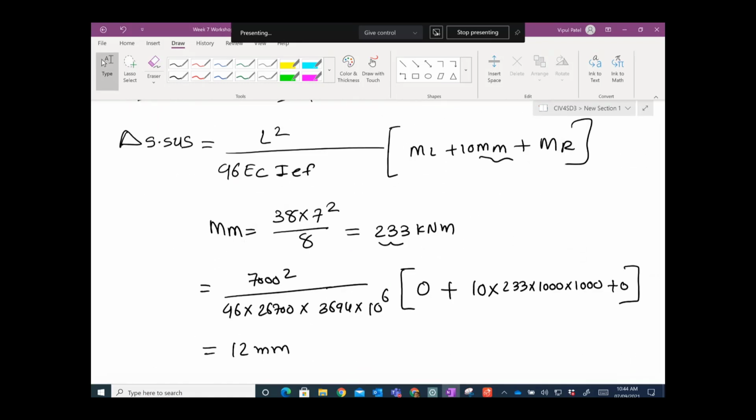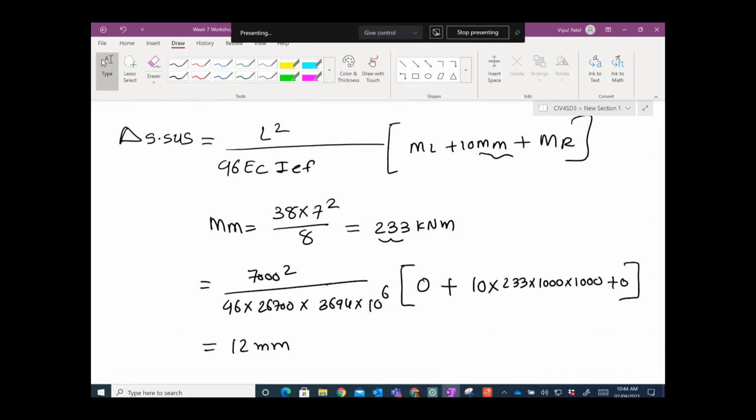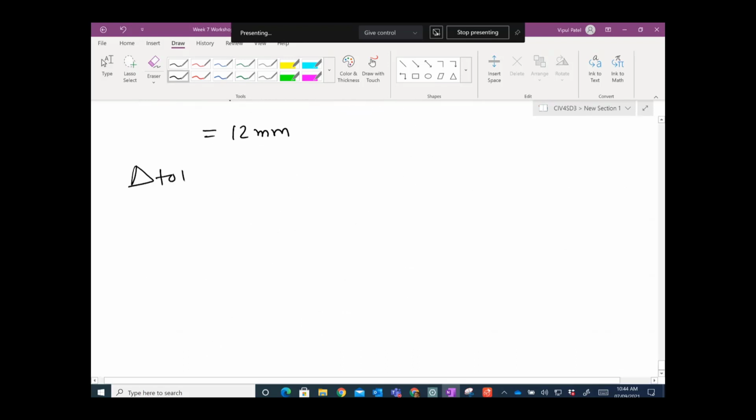So you have this delta total equal to delta short plus KCS times delta sustained loading. You have 14 millimeters, KCS we calculated 1.6, and you have 12 millimeters.